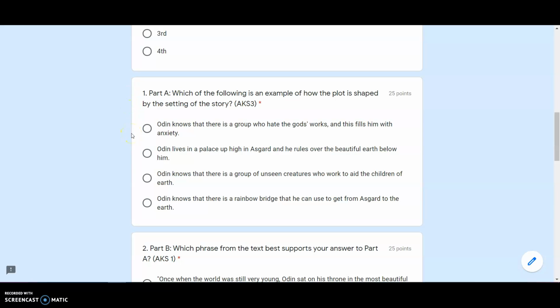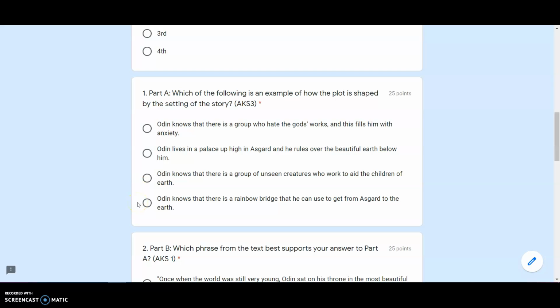A. Odin knows that there is a group who hate the gods' works, and this fills him with anxiety, like he's very unsure, maybe even nervous. B. Odin lives in a palace up high in Asgard, and he rules over the beautiful earth below him. C. Odin knows that there is a group of unseen creatures who work to aid the children of the earth.